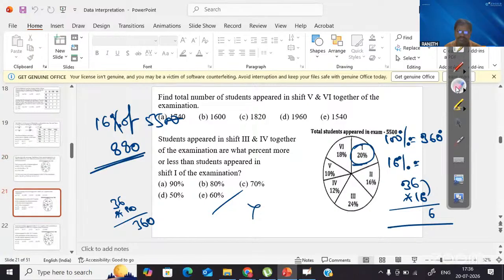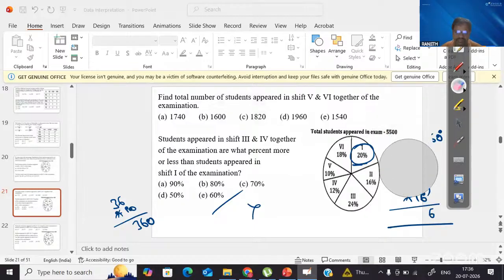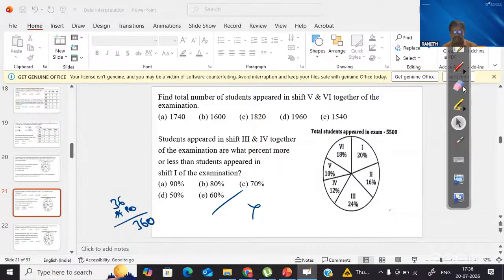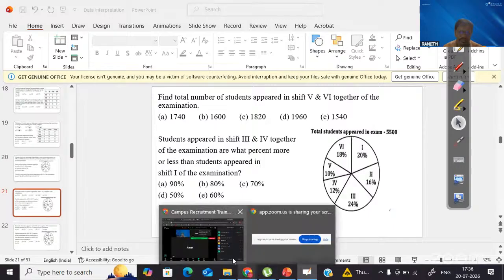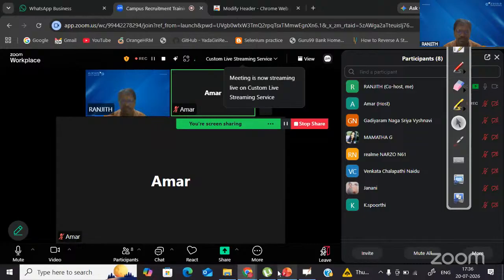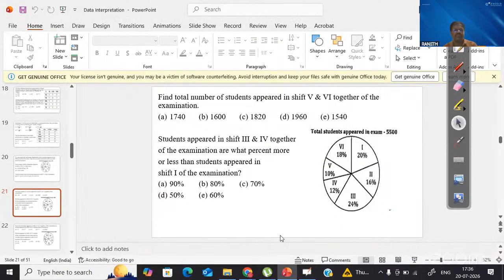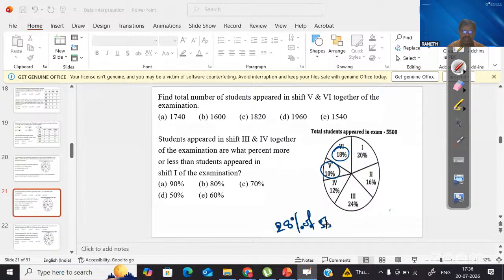Next. Find the total number of students appeared in shift 4 and 5 together of the examination. 5 will be equal to 10, 18, 28 percentage. 28% of 5,500.